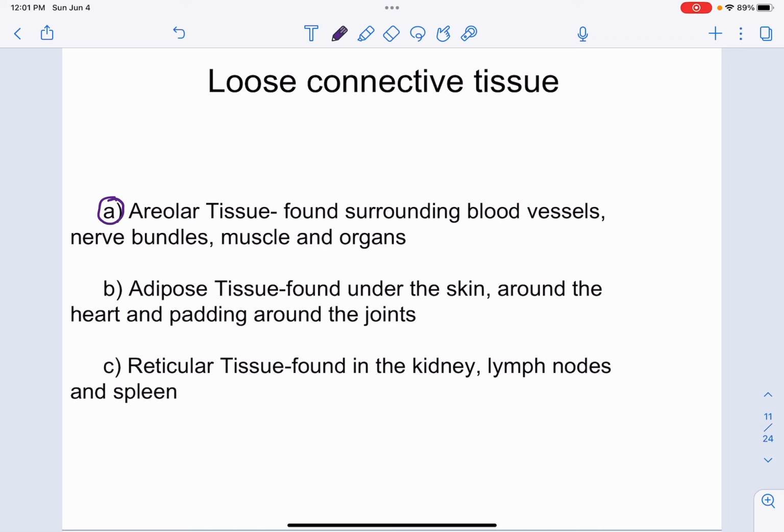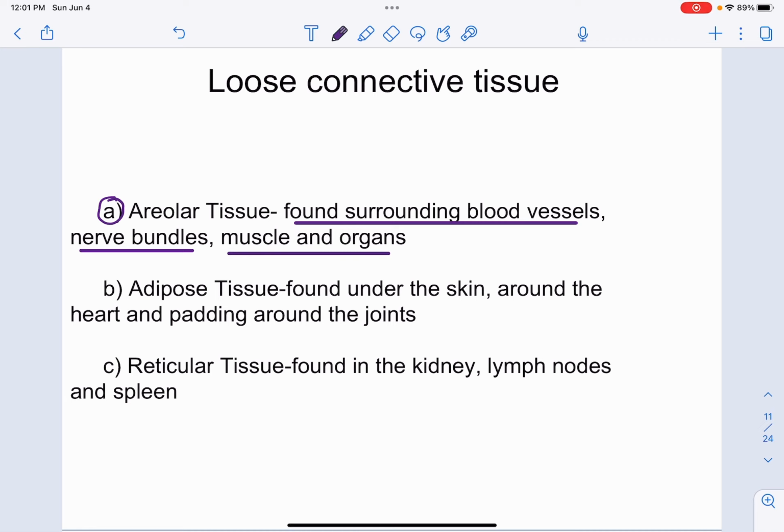So areolar connective tissue, and I'll show you a picture in a moment, is found surrounding blood vessels. It's found in nerve bundles, and it's found in muscles and organs. It's really predominant, and I'll show you that in the next slide.